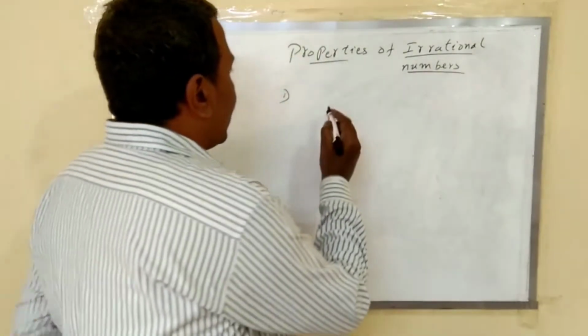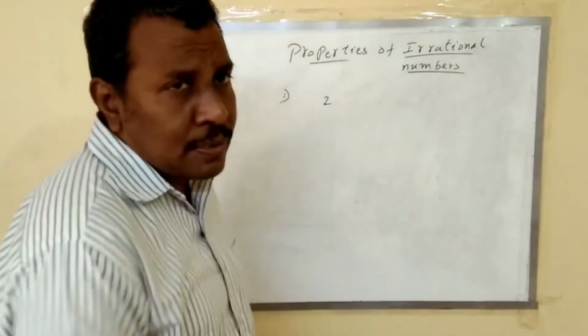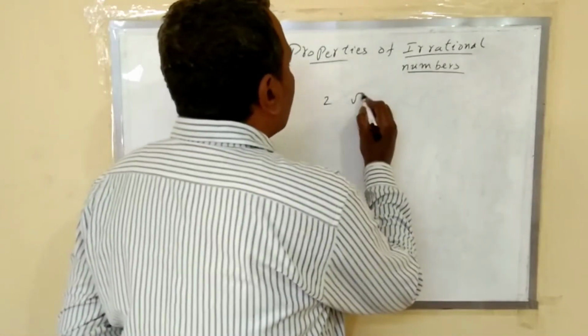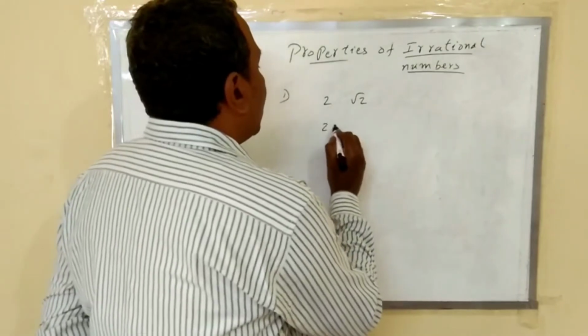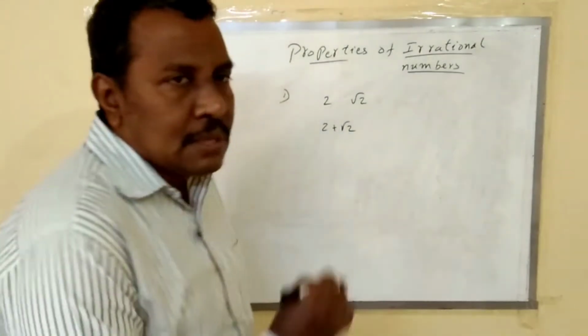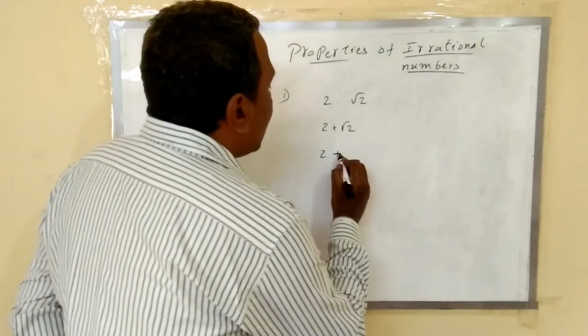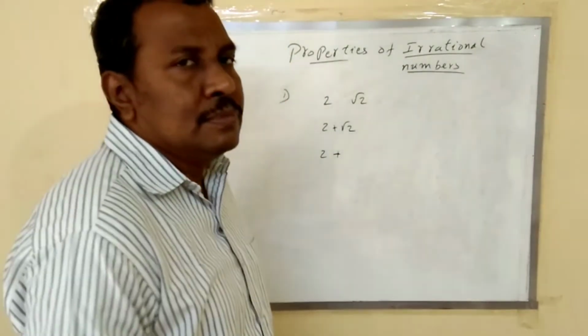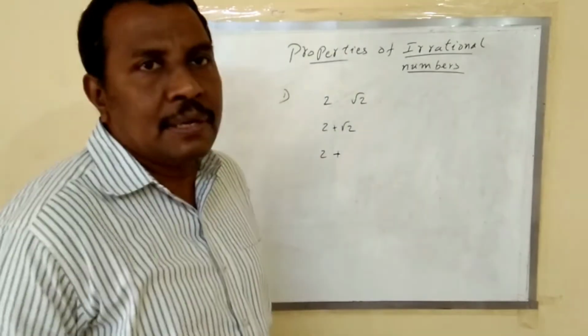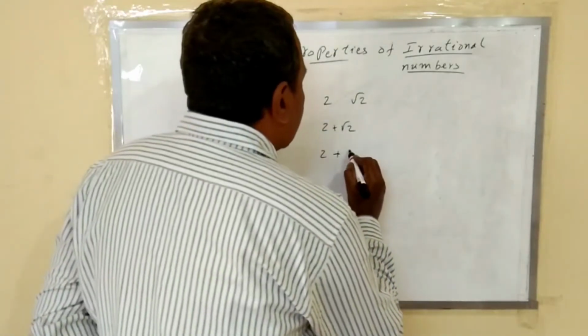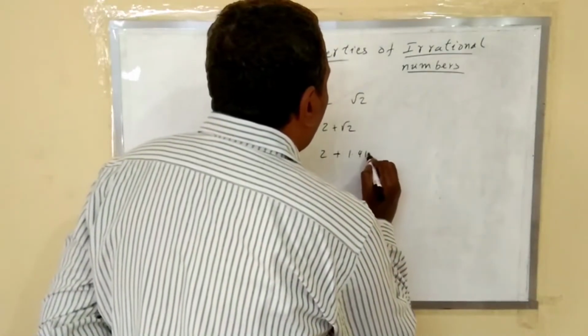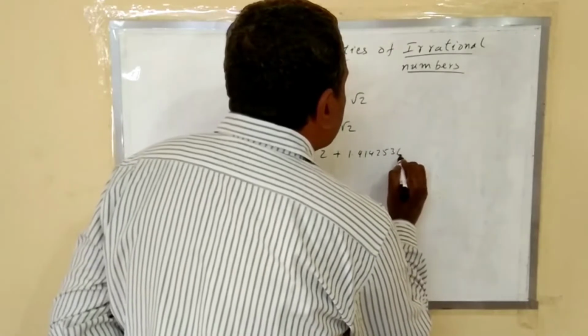For example, 2 is a rational number and root 2 is an irrational number. 2 plus root 2 is an irrational number. How? What is the approximate value of root 2? It is 1.4142536, and so on.